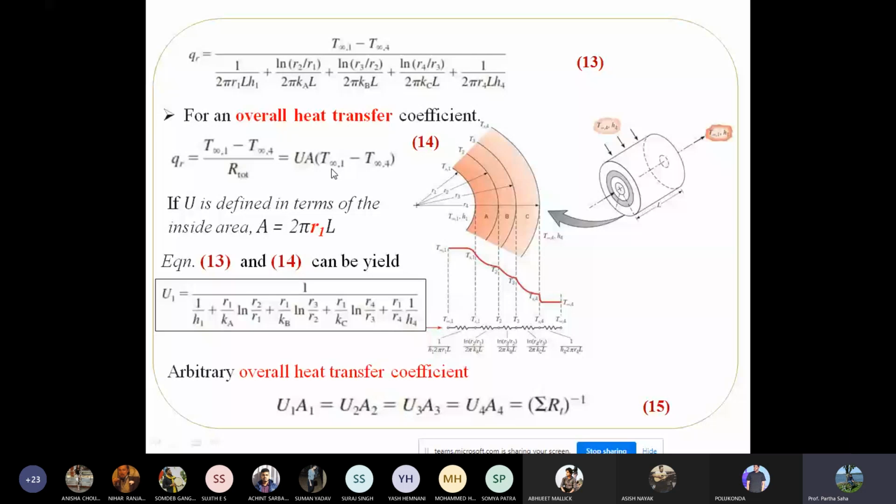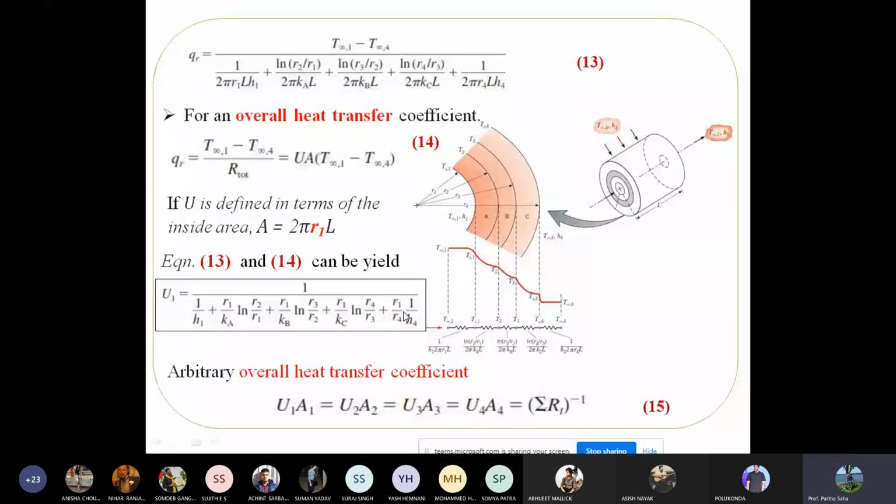U is defined in terms of the inside area A, 2 pi R1 L. Then UI, the overall heat transfer coefficient based on the inside radius, will be 1 by Hi plus R1 by Ka ln R2 by R1 plus R1 by Kb ln R3 by R2 plus R1 by Kc ln R4 by R3 plus R1 by R4 times 1 by H4. I hope you understood this.